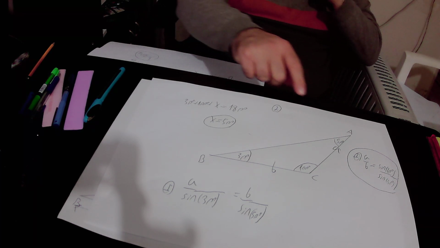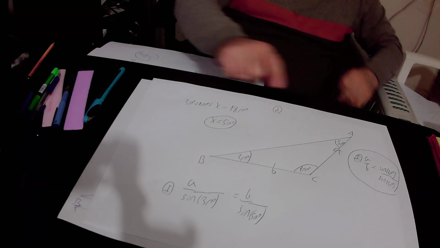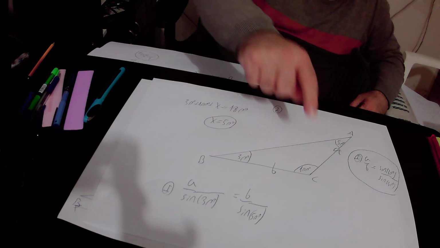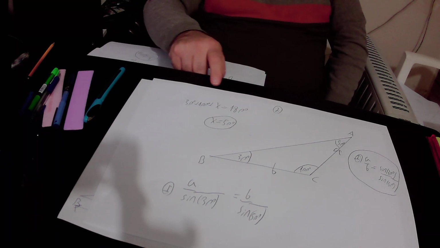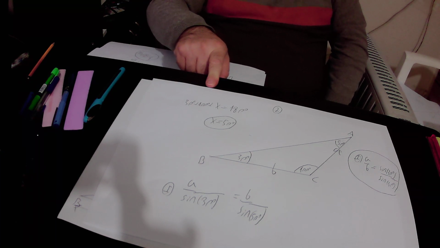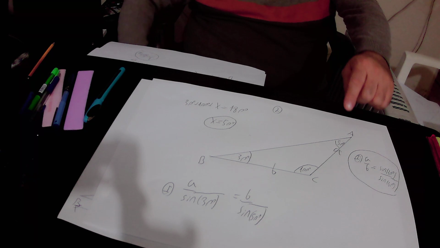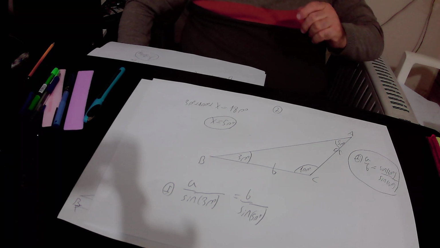That is to say, the missing angle here, angle X, plus 30 degrees plus 100 degrees must be equal to 180 degrees. We subtracted 130 degrees from this equation and we got that angle X equals 50 degrees. So the missing angle equals 50 degrees.